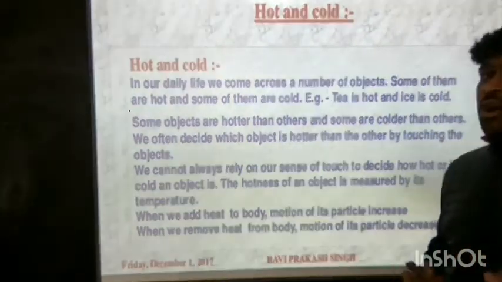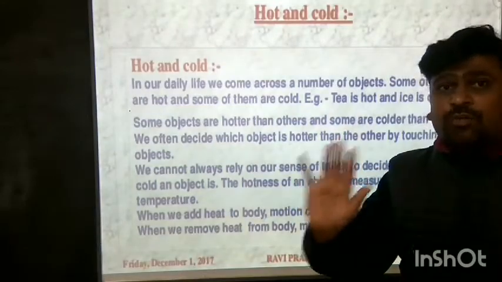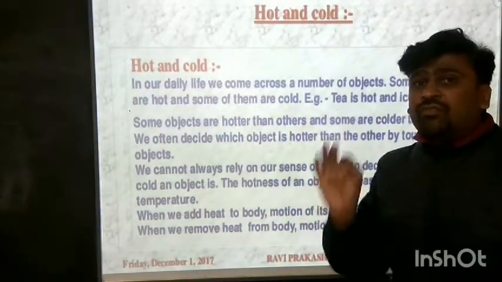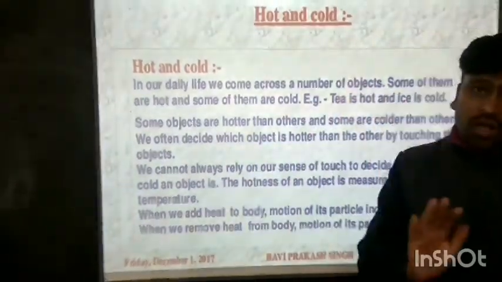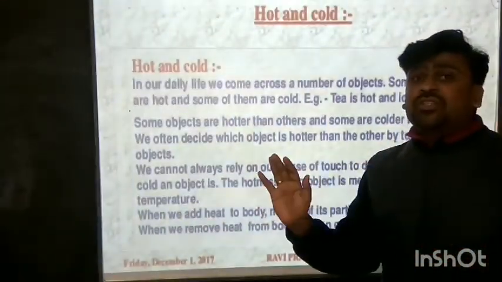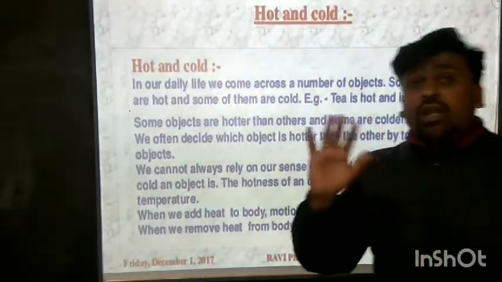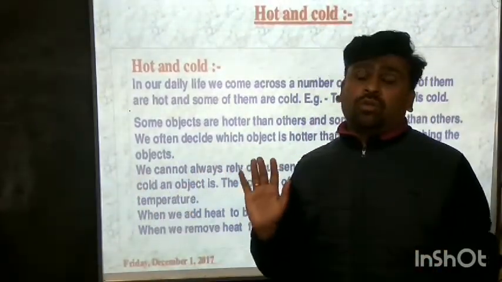Clear? The first concept is nothing but hot and cold. By touching the object we can easily confirm that this object is hot, this object is cold, but we cannot accurately measure how many degrees hot and how many degrees cold. Clear?